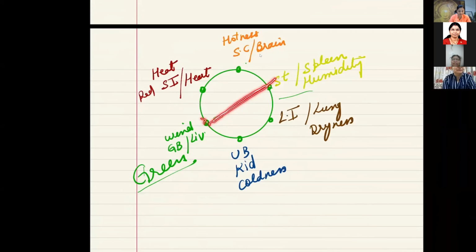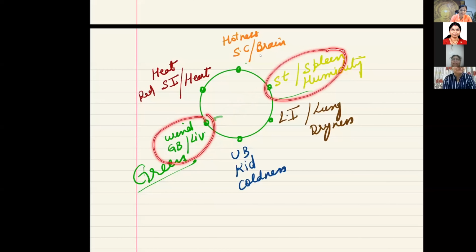If you want to tonify, apply green, and if you want to sedate, then apply the color sitting at the other end of this axis. This is yellow color, humidity color. So yellow color on the wind area will give a sedation effect.